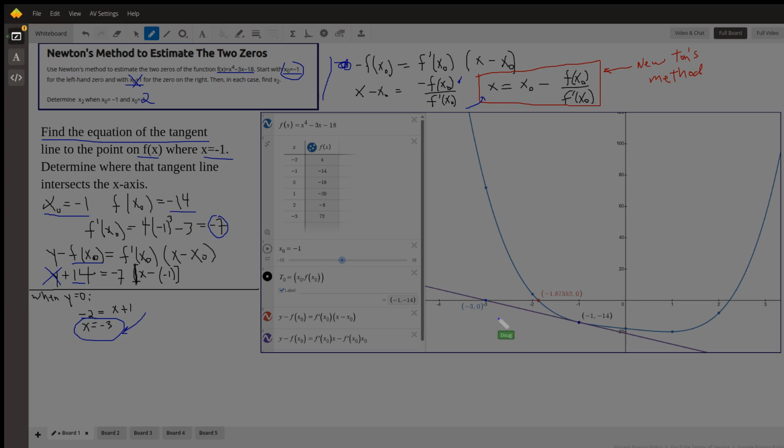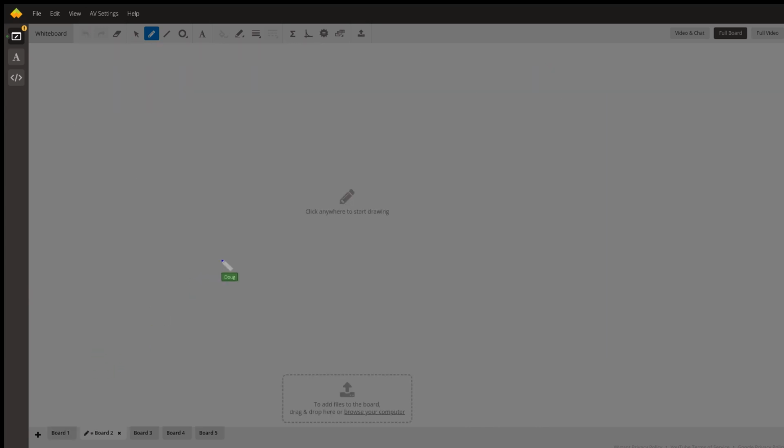And now what happens is we're going to use this value to create another point on the graph. And that's what we're going to show on board 2. So here's the point on the graph where x equals -3, which was the x sub 1 that we found. If we find the tangent line at that point, we're going to use Newton's method right there.